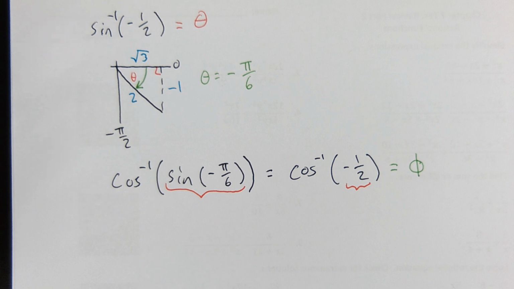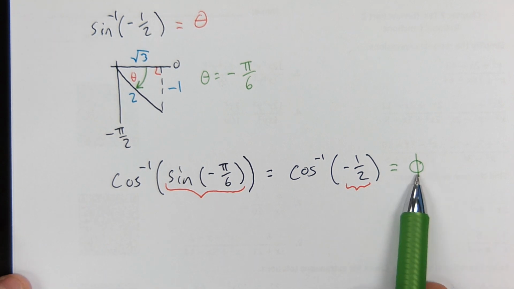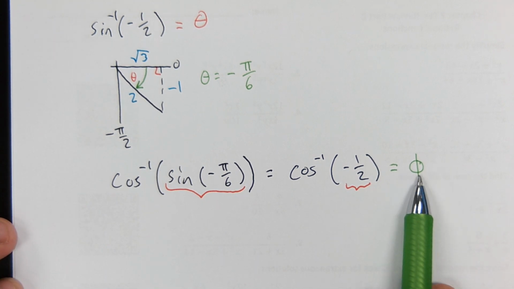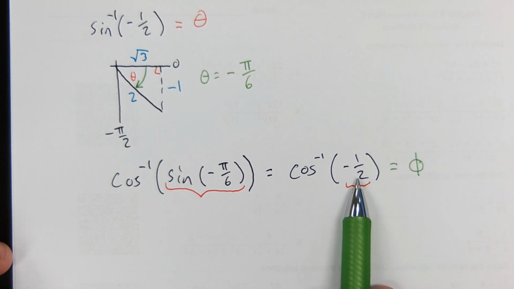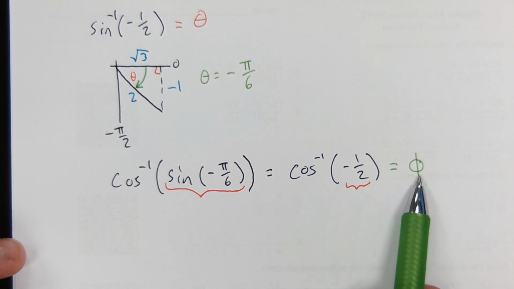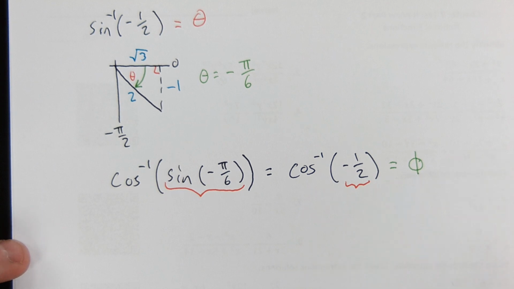And then we go, fine, there exists an angle phi such that cosine of this phi equals negative 1/2. The issue here is that cosine is negative in 2 quadrants. So trying to do as little work as possible, which of those 2 quadrants would keep us close to 0? Quadrant 2. So cosine inverse's range is from quadrant 1 to quadrant 2. This triangle, therefore, must be in quadrant 2.